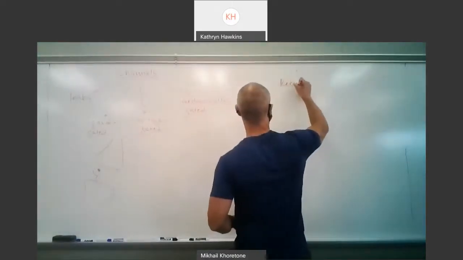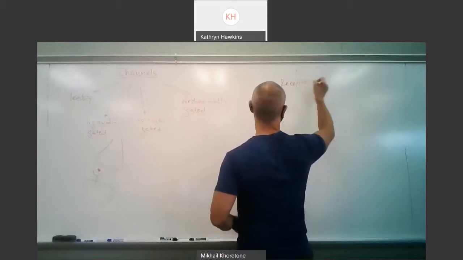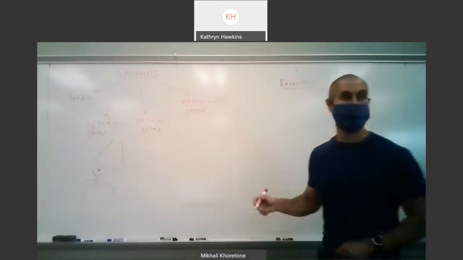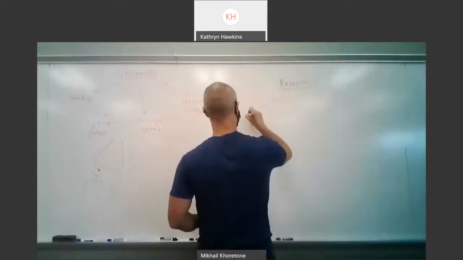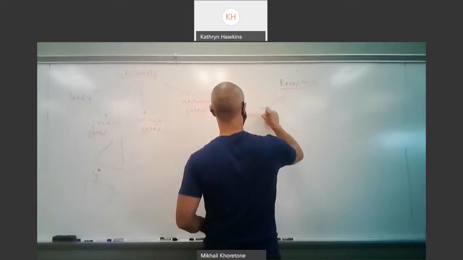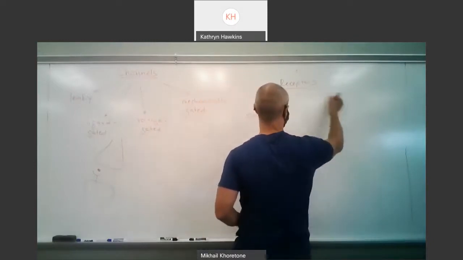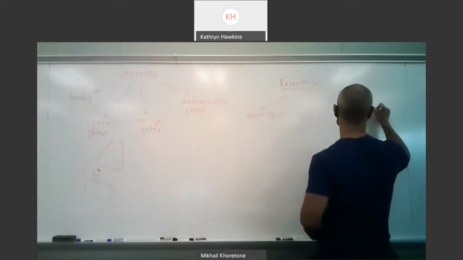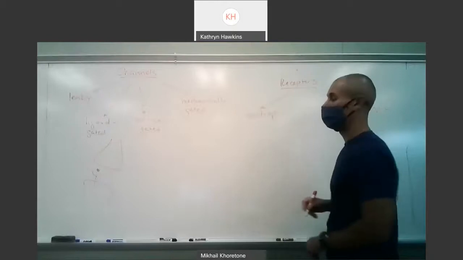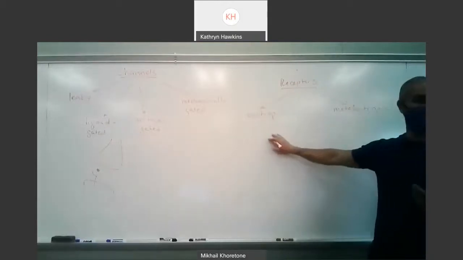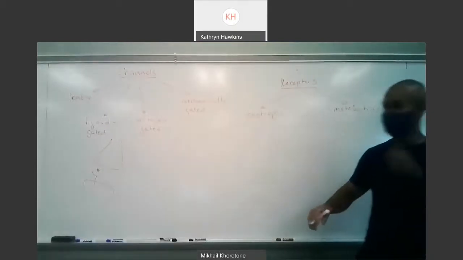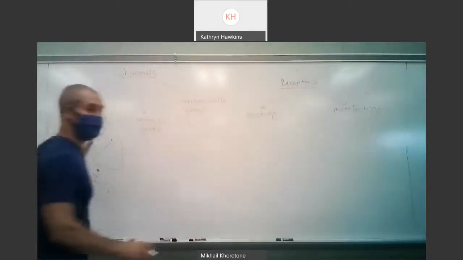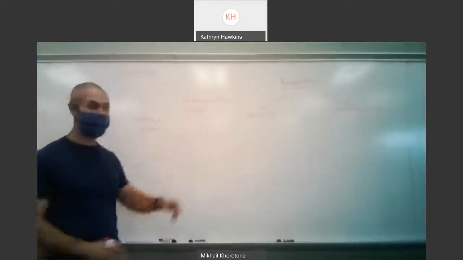Receptors for neurotransmitter can be divided into ionotropic and metabotropic. So what is an ionotropic receptor for a neurotransmitter? That's your ligand-gated channel. Let me demonstrate.